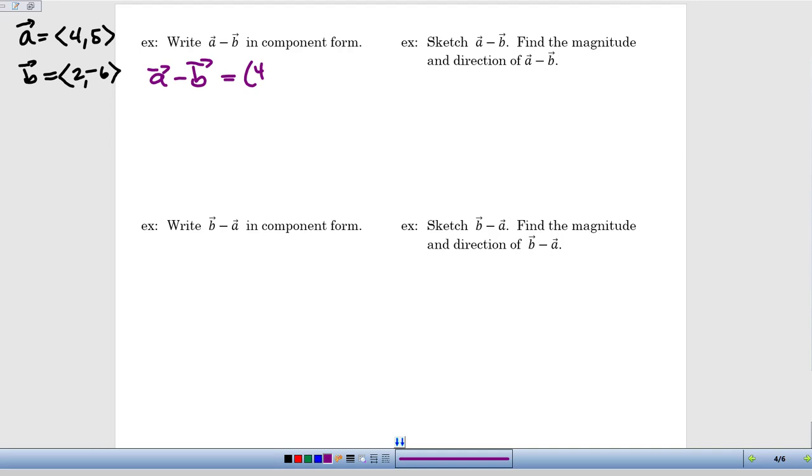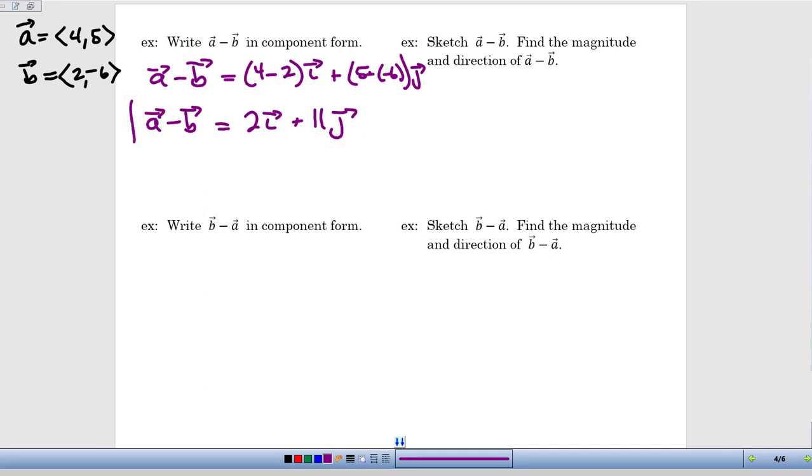So 4 minus 2i, and then we're going to subtract the vertical components, 5 minus negative 6j. And so then we end up with a resultant vector of 2i, and then 5 minus negative 6 becomes 5 plus 6, so plus 11j. So there's the difference between those two vectors.